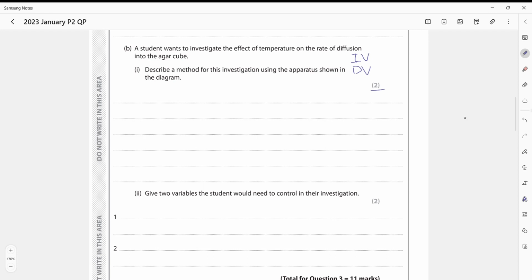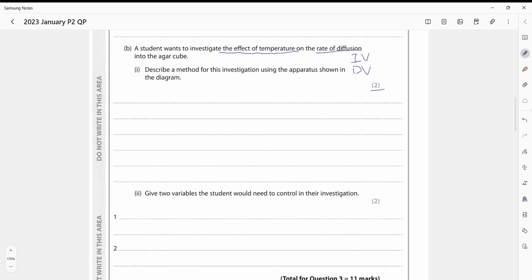In this case, we want to measure the effect of temperature. So that will be your independent variable. Your dependent variable is the rate of diffusion. So we can do this by, let's say, timing how long it takes for the cube to become colorless. So that would be how we would test for the rate of diffusion.